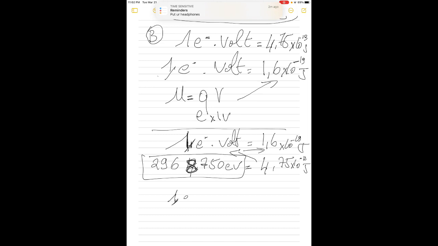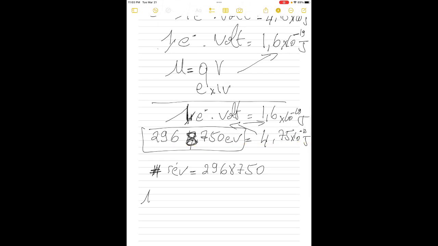1 electron multiplied by volt, sorry, if the number of revolutions is equal to 29,687.50, and we know that one revolution is 500 volts.